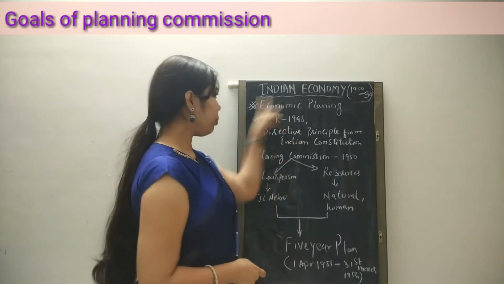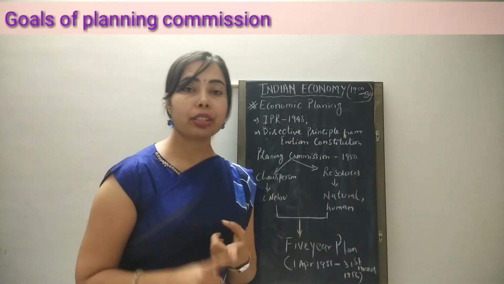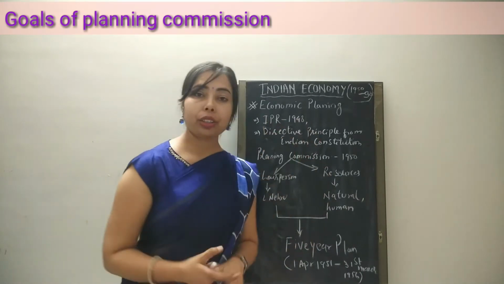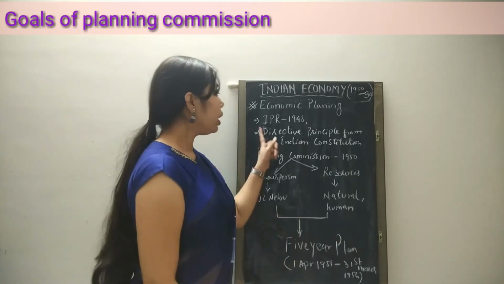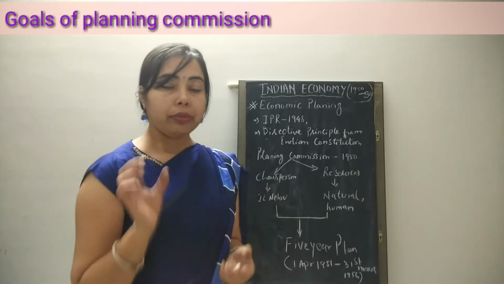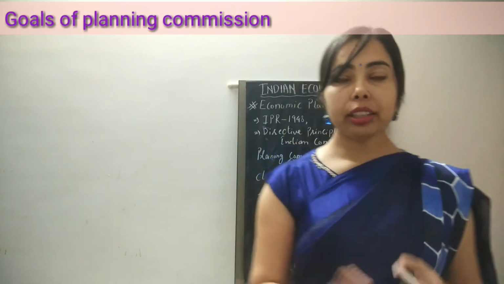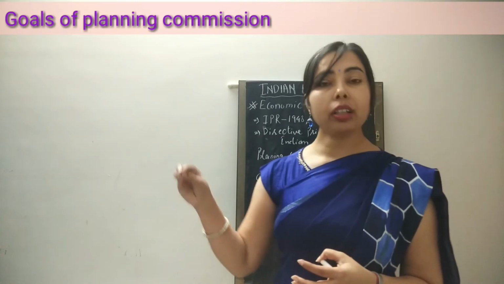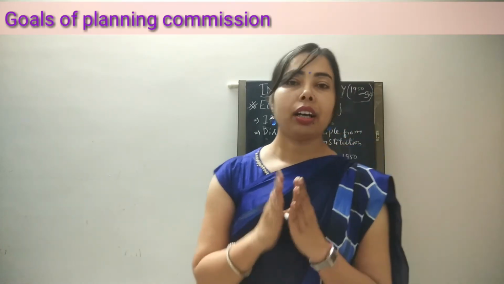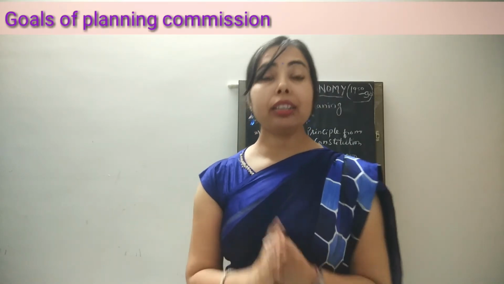And this economic planning was done as per the Industrial Policy Resolution 1948, that is called IPR 1948, and also the Directive Principles from the Indian Constitution. We had these two clauses, IPR 1948 and the directive principles written in the constitution. According to these two, we had economic planning, and this planning was done in a commission.